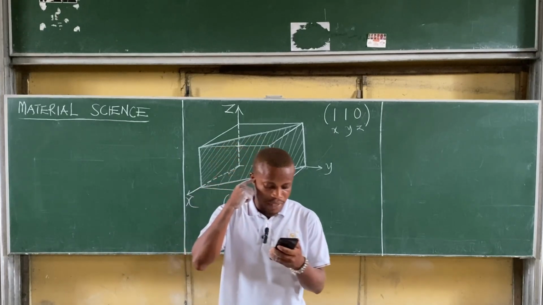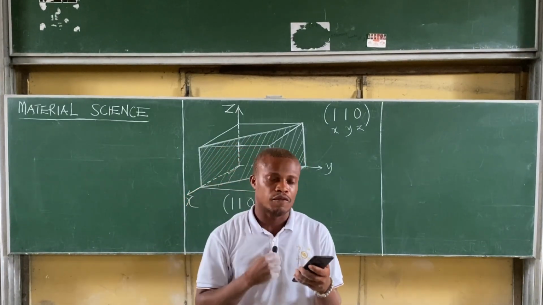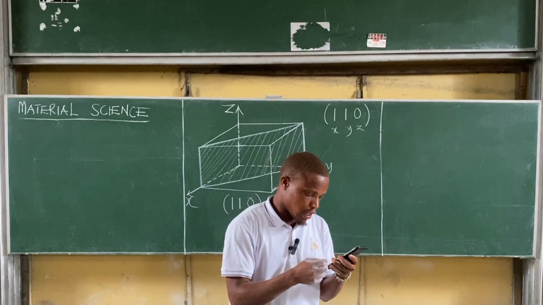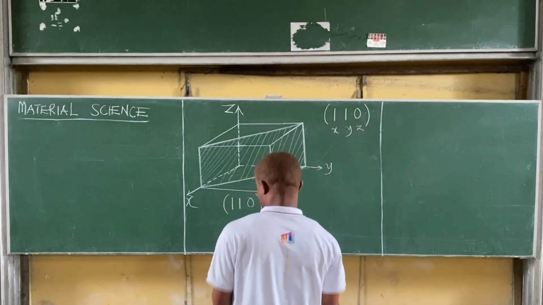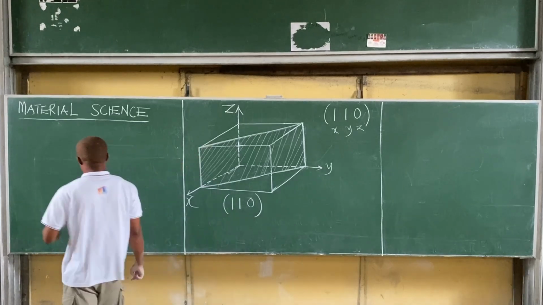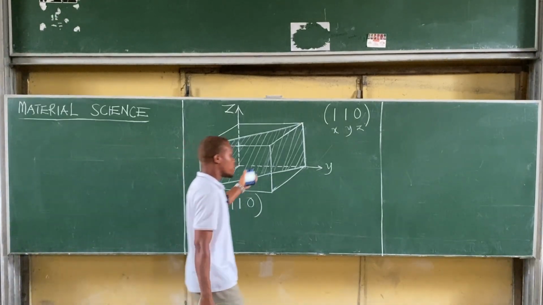Now, to calculate the atoms per square centimeter on the plane, firstly, we calculate the area of the unit cell in that plane. So let's calculate the area of the unit cell in the given plane.